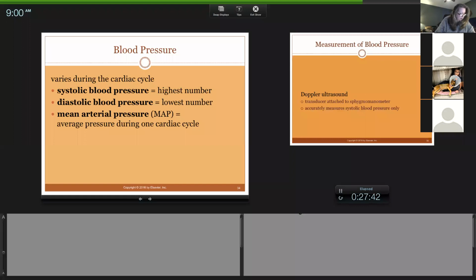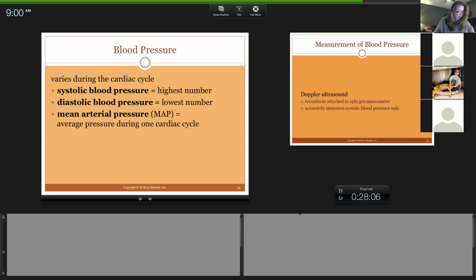And the big thing is, why is blood pressure important? I just explained. You have to have enough blood pressure to get oxygenated blood to all of your tissues, which means perfusion. Perfusion is the body's ability to get oxygenated blood to all of the tissues.